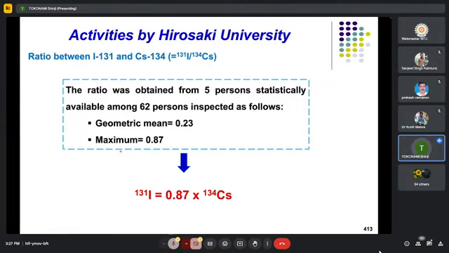Conservatively, we took the highest value. So iodine 131 can be obtained from cesium 134 radioactivity concentration using this value.